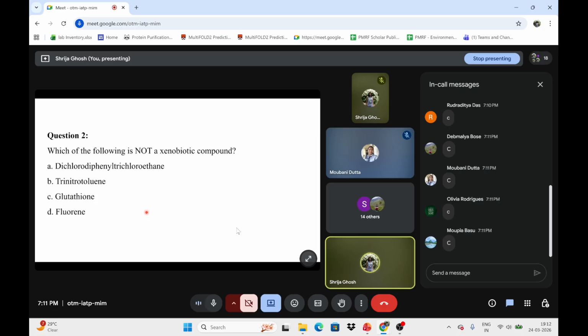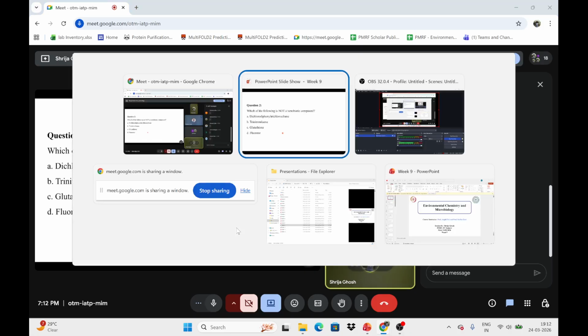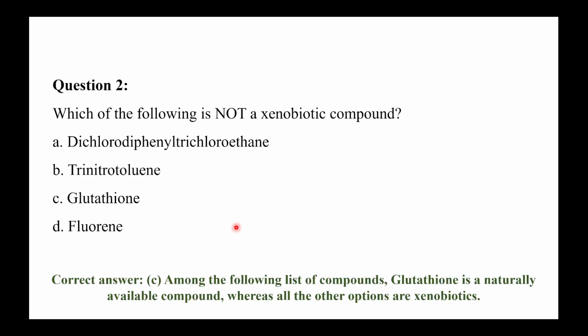Okay, so the 5 people who have answered option C, glutathione: glutathione is not a xenobiotic compound. That is the correct answer. Among this list, glutathione is a naturally available compound, whereas all other options are xenobiotics.